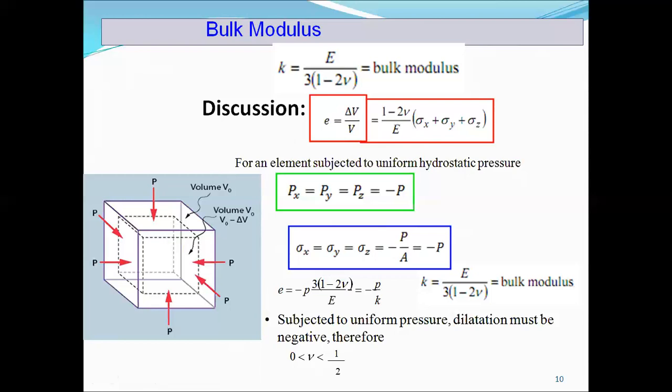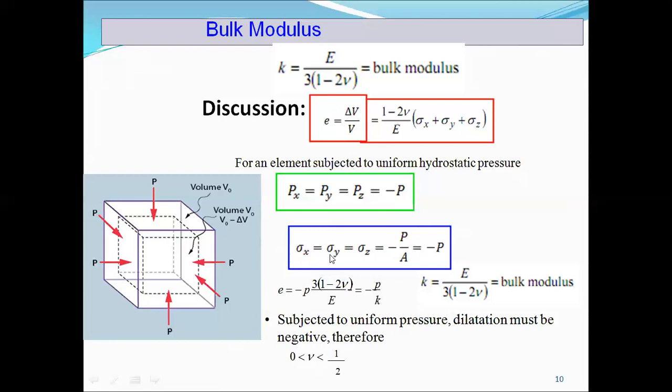Uniform hydrostatic pressure means that we are subjecting the material to compressive loading in all directions. Px, Py, and Pz are compressive, minus P. Uniform means the loading in all three directions is the same, and hydrostatic pressure means it is compressive. So Px, Py, Pz is equal to minus P. Minus means compressive, and P is the same in all directions.